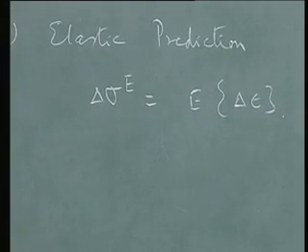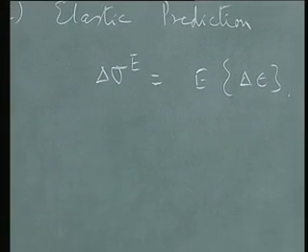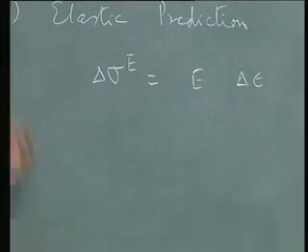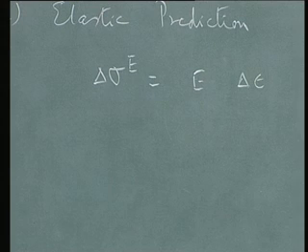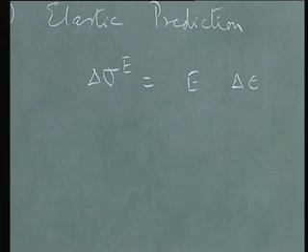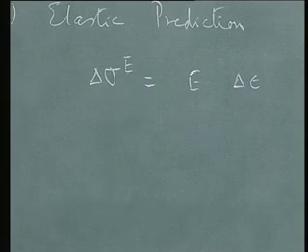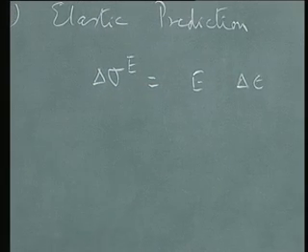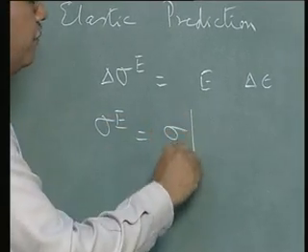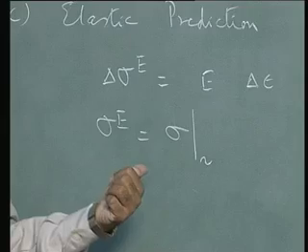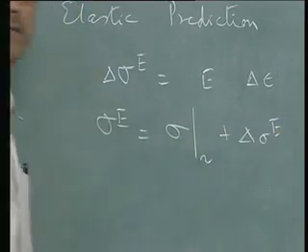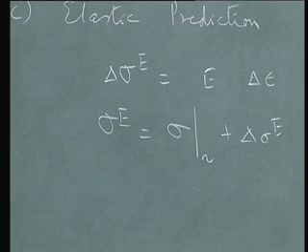This is a one dimensional case, so I am just putting that as E. In fact, there is no harm even removing this, because it is for illustration purposes. We are going to only look at the stress strain curve. So what I have done is to say that I am going to invest all these things in the elastic case. Now I calculate sigma E to be sigma at the previous converged step plus delta sigma E. Is that clear?